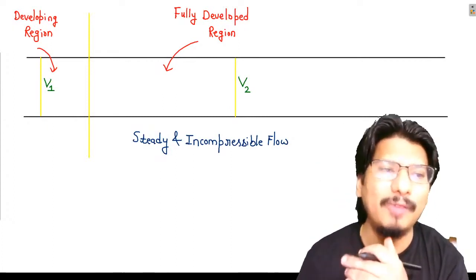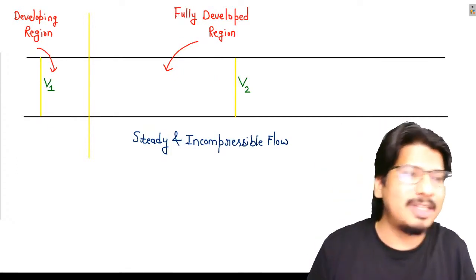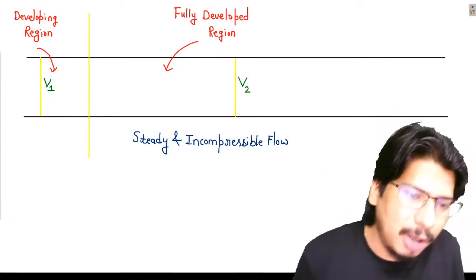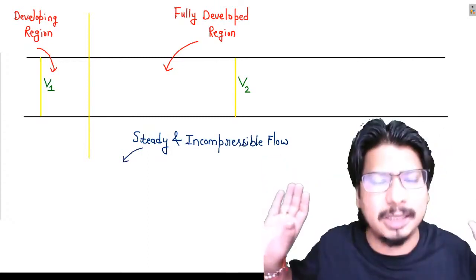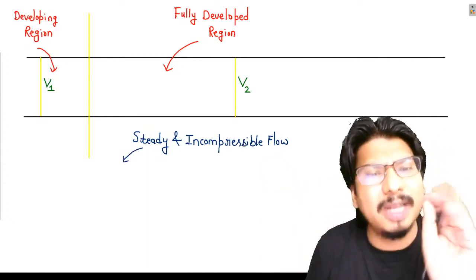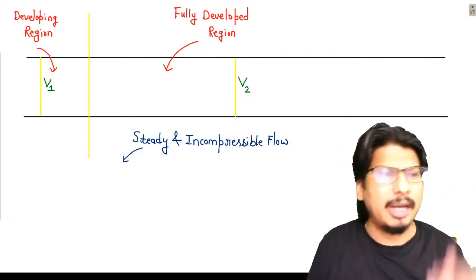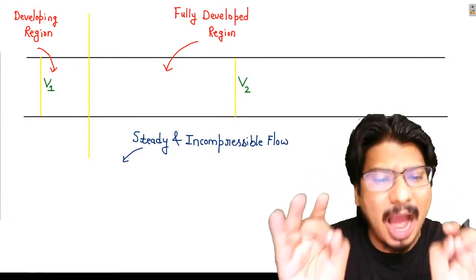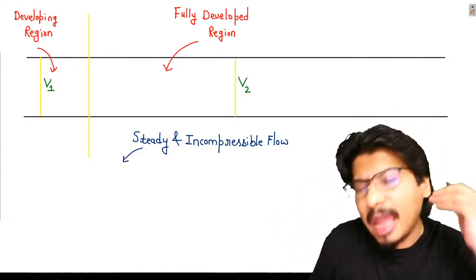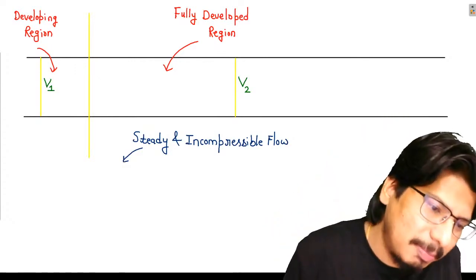What is the meaning of steady flow? Can I say the meaning of steady flow is that you take any cross section, maybe in developing region or maybe in fully developed region, the mass flow rate will be the same?